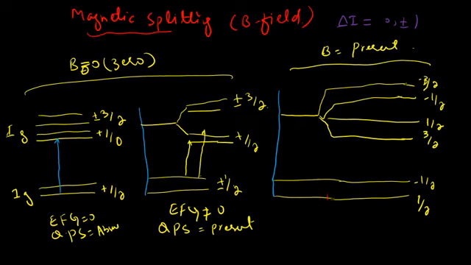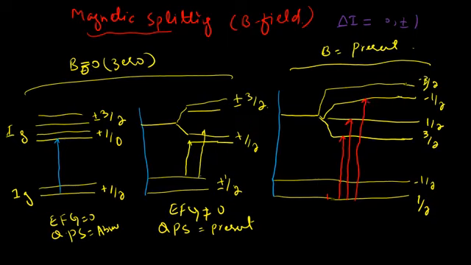So one transition is from minus 1/2 to plus 3/2, because the difference of both states, 1/2 minus 3/2, is equal to minus 1. That is an allowed transition. Then from minus 1/2 to plus 1/2 is also a possible transition, and then plus 1/2 to minus 1/2 is also possible.